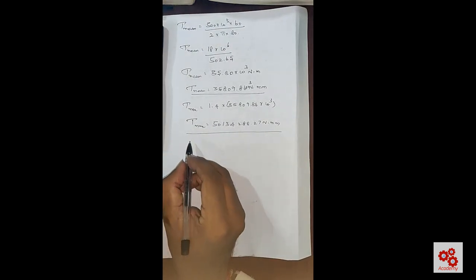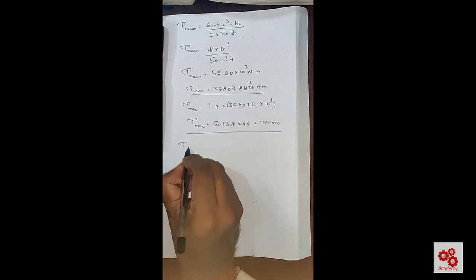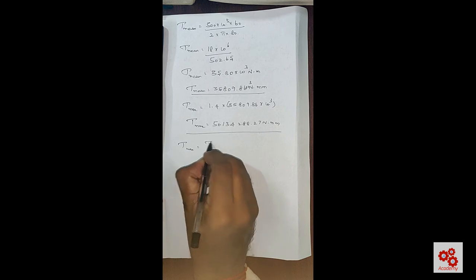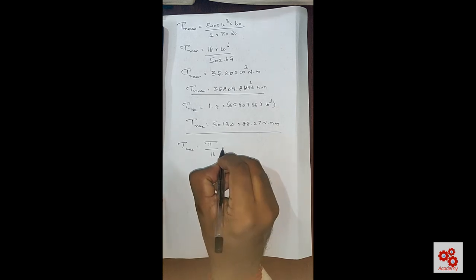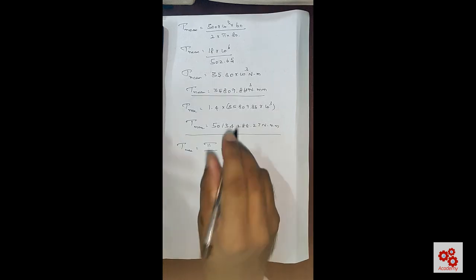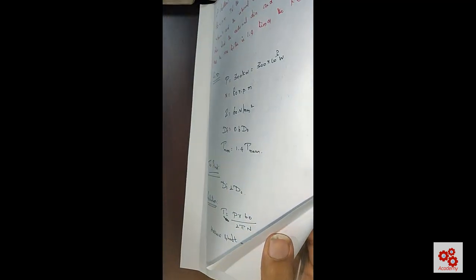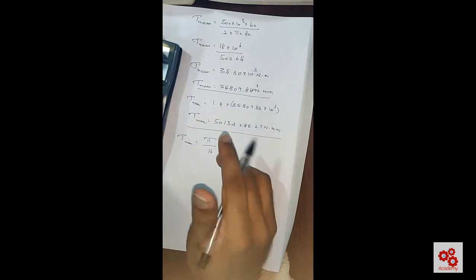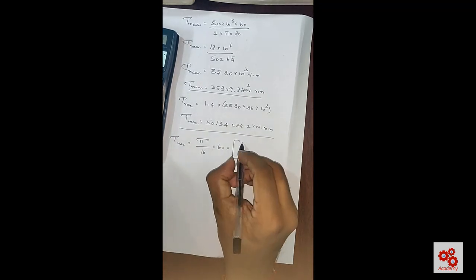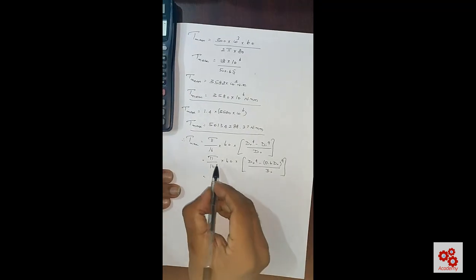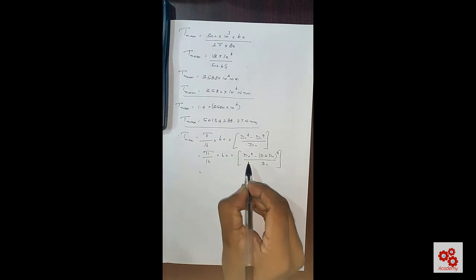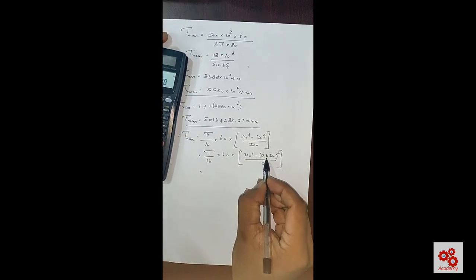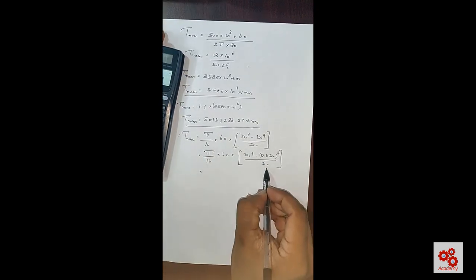Then we substitute this. T max equal to pi by 16 into tau, where tau is not to exceed 60, into d naught power 4 minus 0.6 d naught whole power 4, divided by d naught.